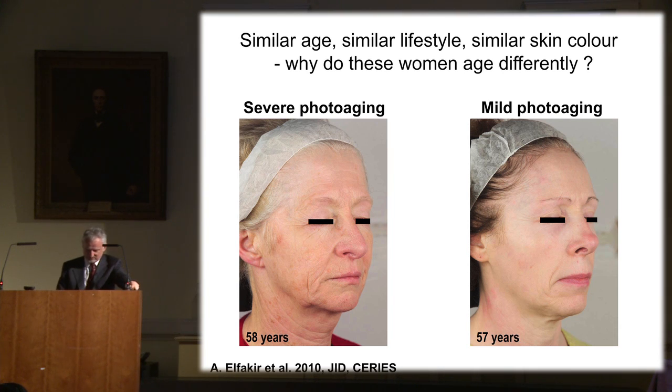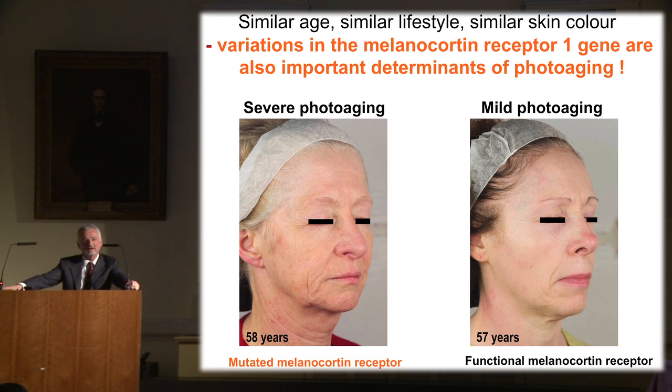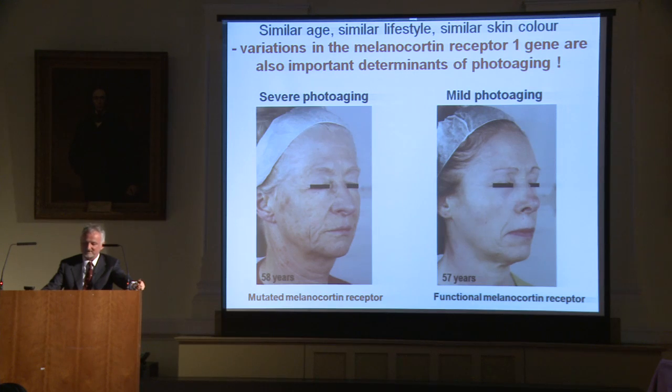The other one looks not as much photoaged, and the difference between these two ladies is simply a mutation in this gene. So in this melanocortin receptor gene, everybody who has this position should, in addition to protecting him or herself against skin cancer, also try to avoid sun or protect himself against sun because of the increased rate of aging.